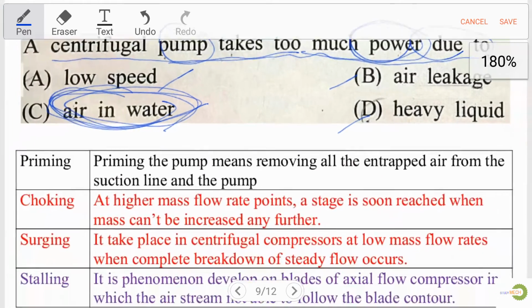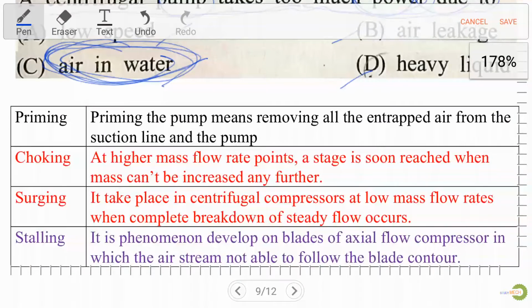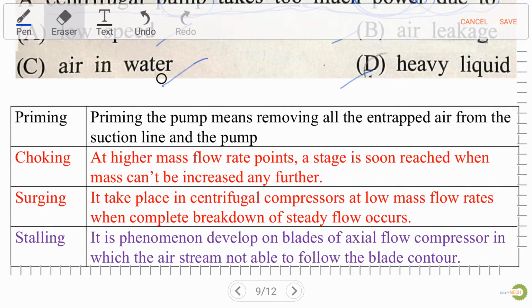Always remember. Now over here we have to discuss some important definitions: priming, choking, surging and stalling. Priming takes place in a centrifugal pump, and to overcome this problem, first let's discuss what priming is.